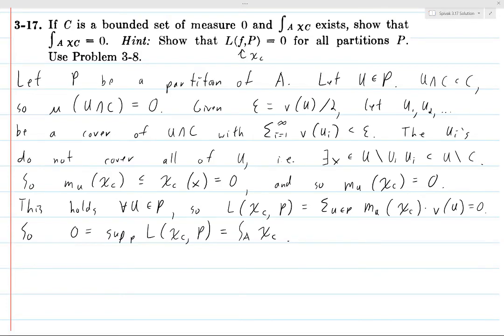You can integrate the indicator function of an unbounded set of measure 0, and the result will be 0. Take, for example, the set of rational numbers. It is an unbounded set, and it is a set of measure 0. Using measure theory, you can define an integral of the indicator function of the rational numbers, and the answer is 0, which is precisely the measure of the set of rational numbers.